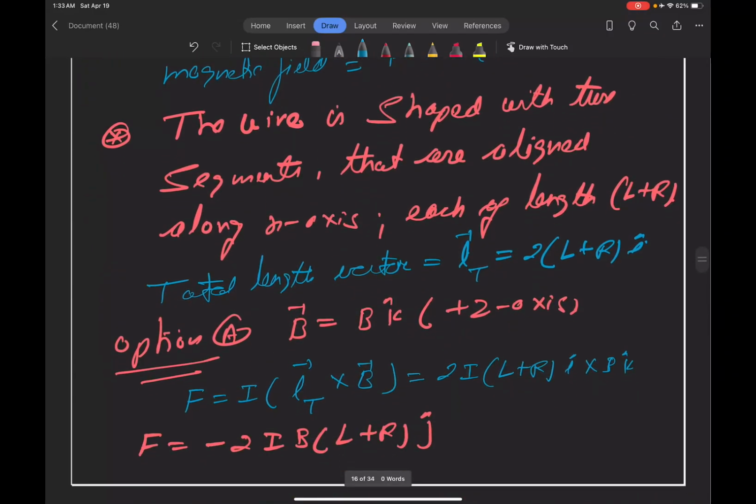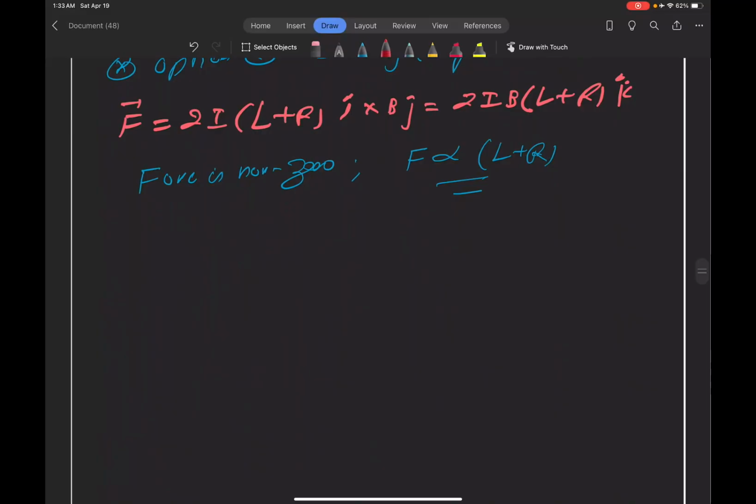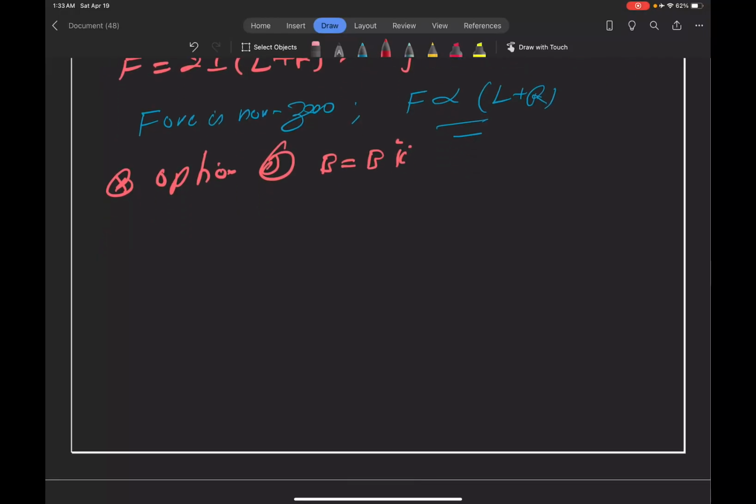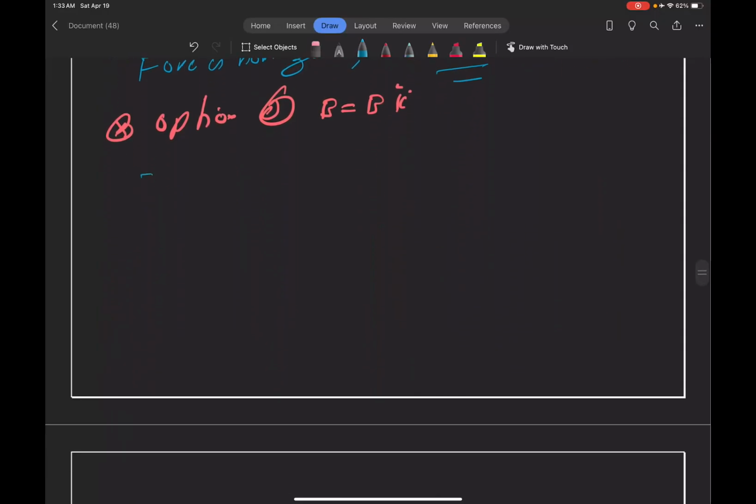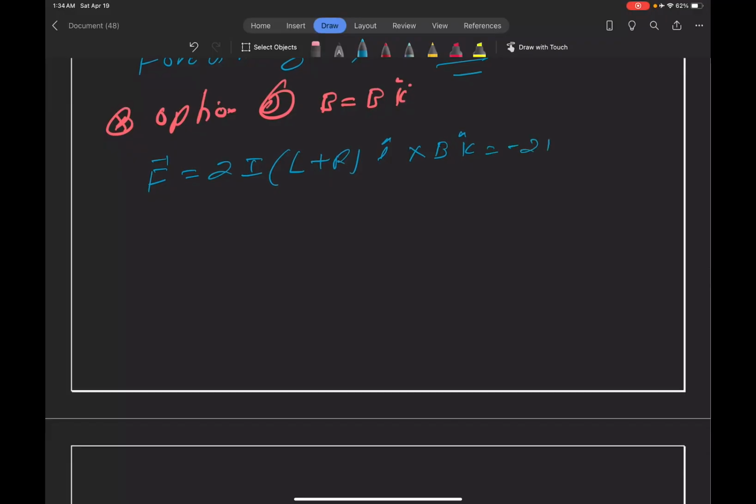Now we come to option D, which is the magnetic field along the K axis, K unit vector. So we have option D, which gives us the magnetic field along the K unit vector, and once again we find the force. The force is equal to 2I(L plus R) I unit vector cross B K unit vector, and this gives us minus 2I B (L plus R) J unit vector.